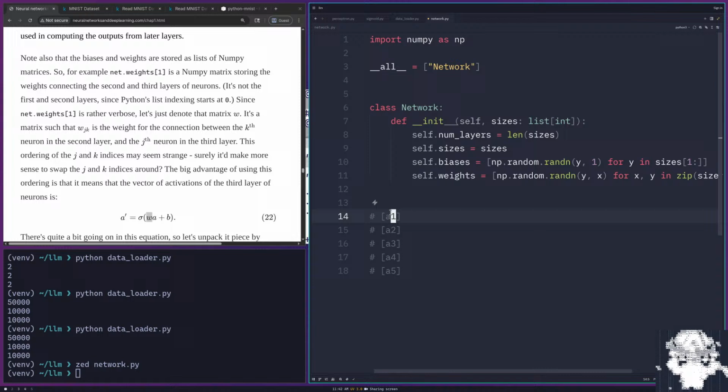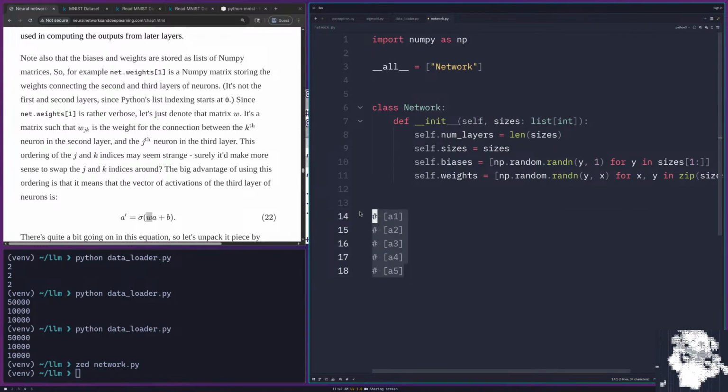A single sigmoid neuron uses all of the activations from the last layer. So that's a vector of a's.